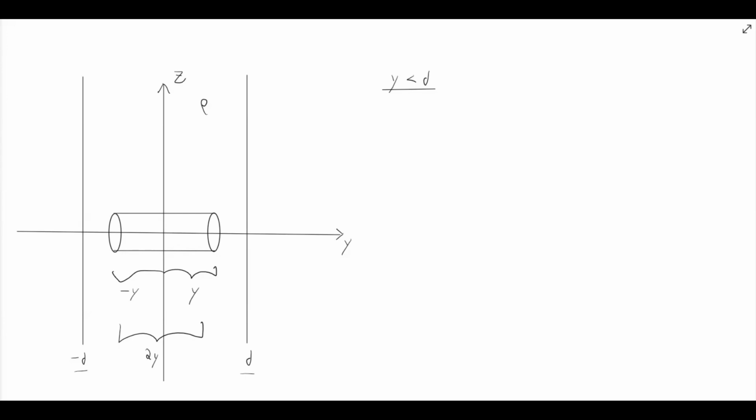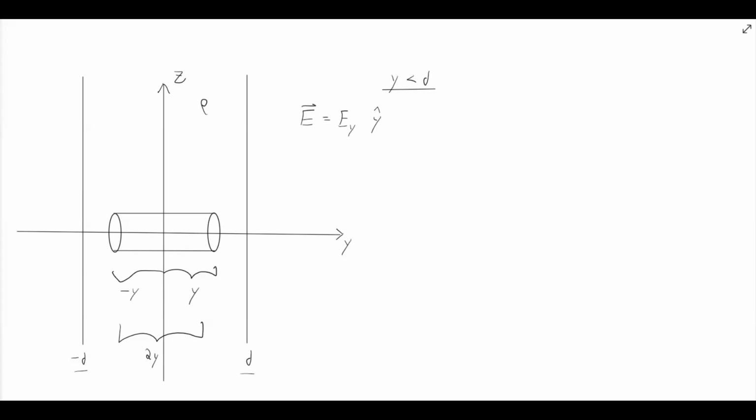And we wanted to note that the electric field component is now in the y hat direction. And so we can view the electric field as E equals E y hat, since there's only a y hat component to our electric field.